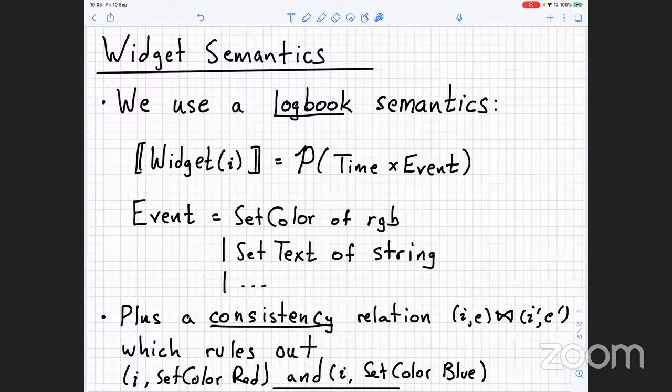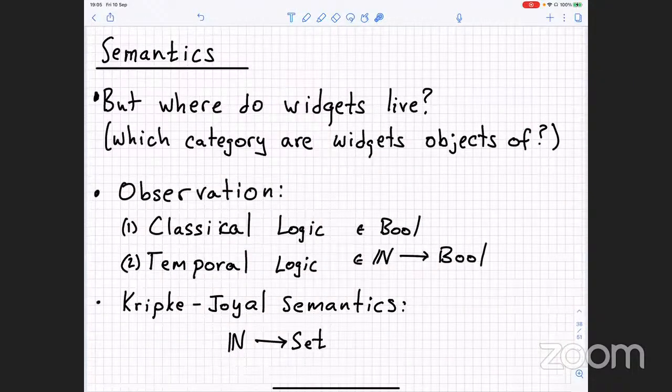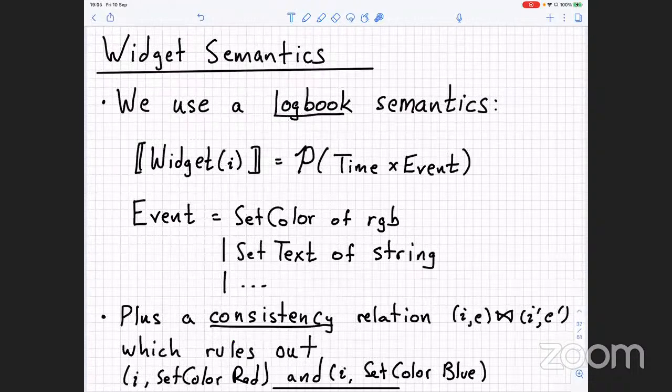So what I'll do is skim over the semantics slightly. The really interesting bit around which the semantics was built was: what is the semantics of a widget? We don't want to model a heap and callbacks and event loops in our semantics. So we think of all the events that you can invoke on a widget, like setting the color, setting the text, all the operations you can perform on a widget.